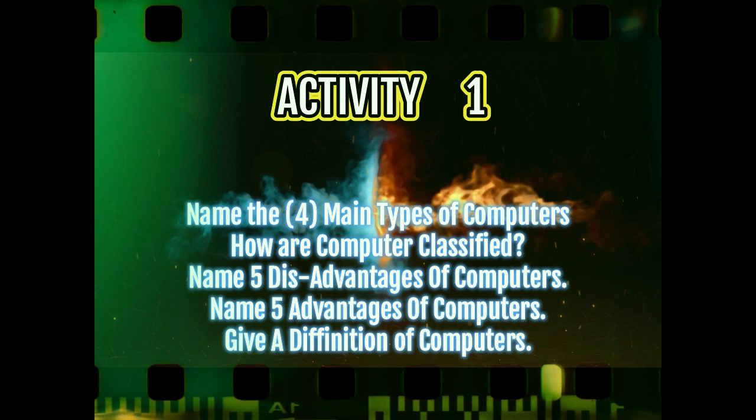When you are commenting, you first put your name, after your name, a surname, then you answer. Name the 4 main types of computers. Number 2, how are computers classified? Number 3, name 2 disadvantages of a computer. Number 4, name 2 advantages of a computer. And number 5, give a definition of a computer.